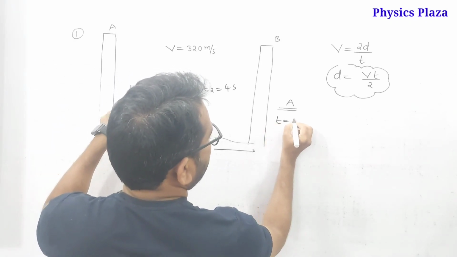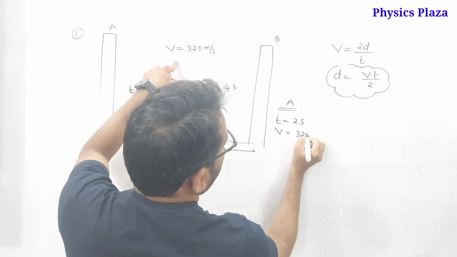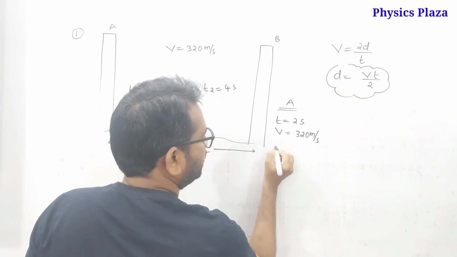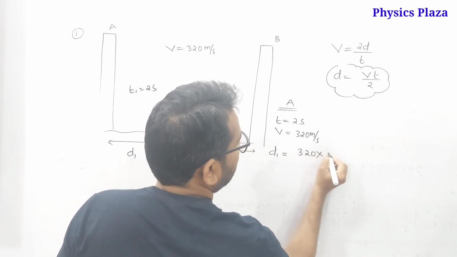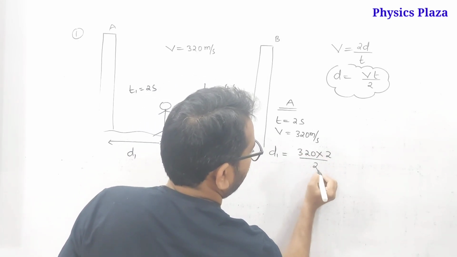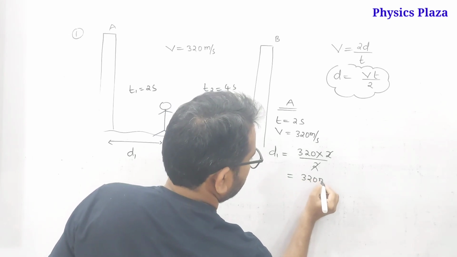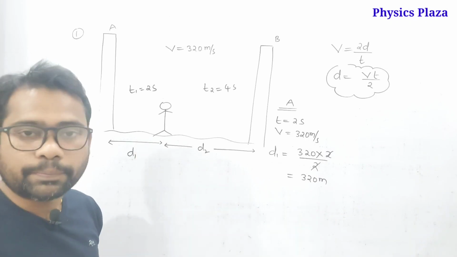Yes, time is 2 seconds. Speed is 320 meters per second. Now let us substitute in this. Then d1 is equal to 320 into time 2 seconds by 2. The 2 gets cancelled. This will be 320 meters, meaning the distance between the person and cliff A is 320 meters.